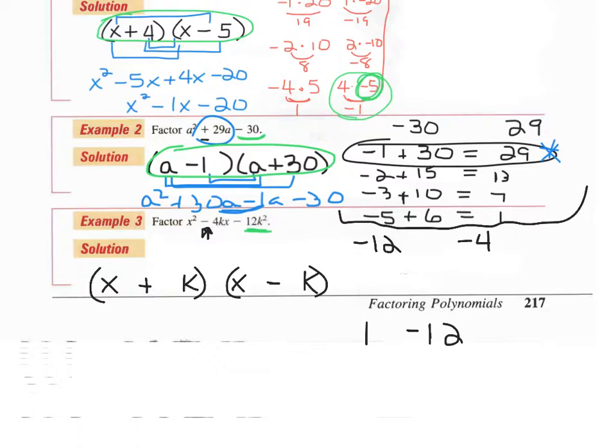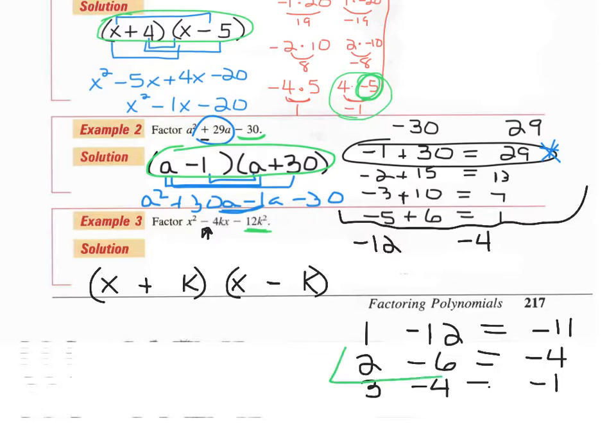So then here it's 1 times -12, 2 times -6, 3 times -4. Again, I'm looking for the pair that when I add them, I get -4. This gives me -11, this gives me -4, and this gives me -1. So the factors I'm looking for are +2 and -6.